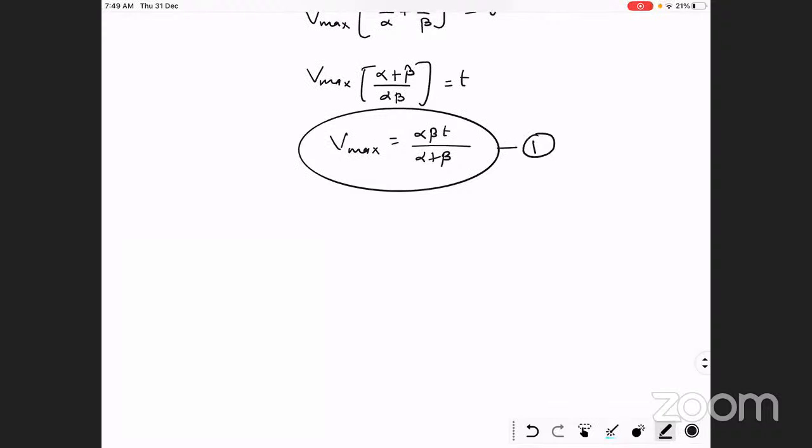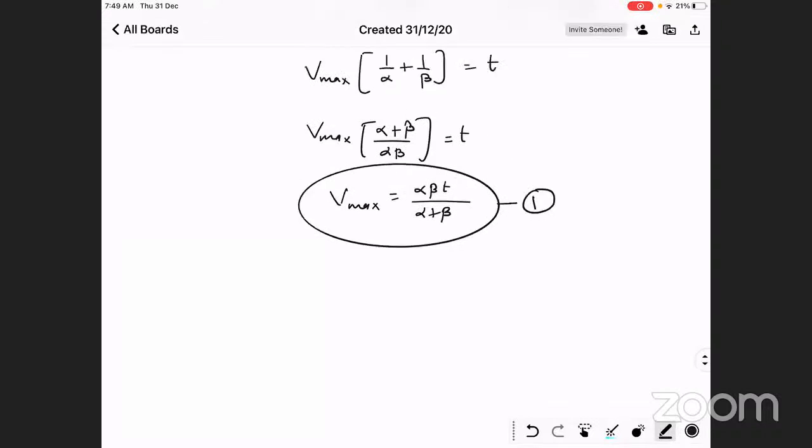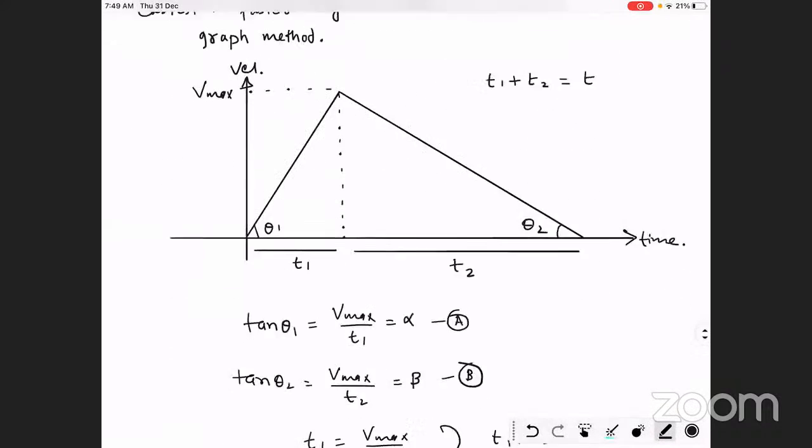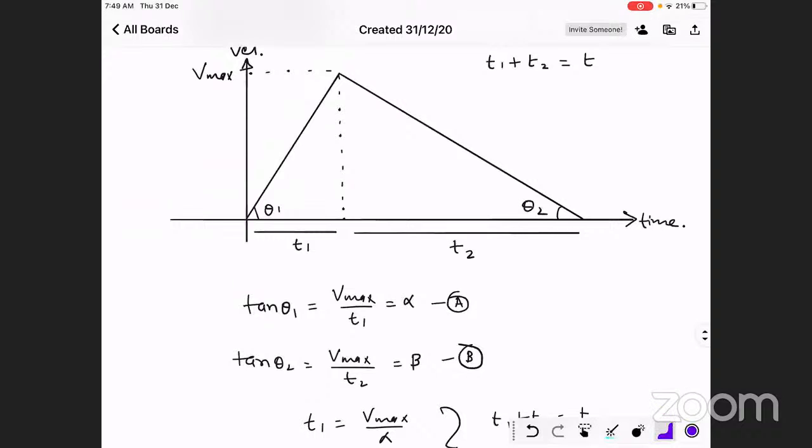Yes, sir. Now they want total displacement. How to find total displacement? Area under VT graph gives total displacement, right? So 1 by 2 height into base.